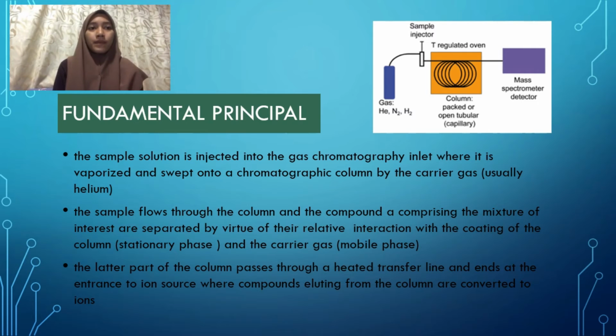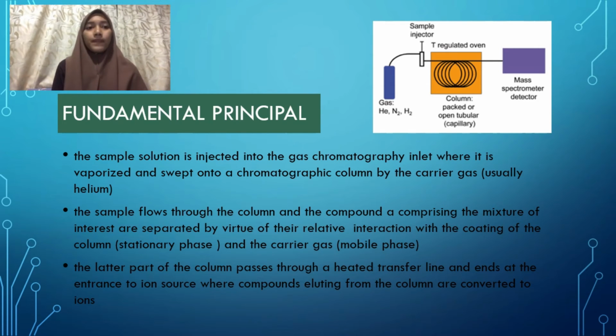The sample flows through the column, and the compounds comprising the mixture of interest are separated by virtue of their relative interaction with the coating of the column, the stationary phase, and the carrier gas, the mobile phase. The later part of the column passes through a heated transfer line and at the entrance to the ion source, the compounds eluting from the column are converted to ions.